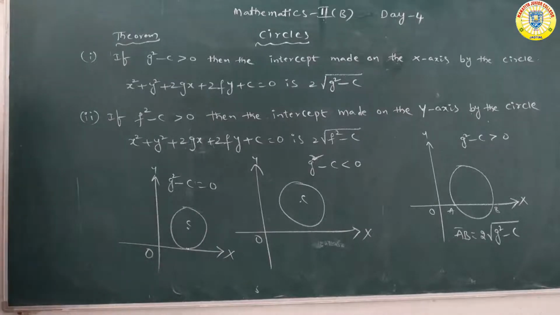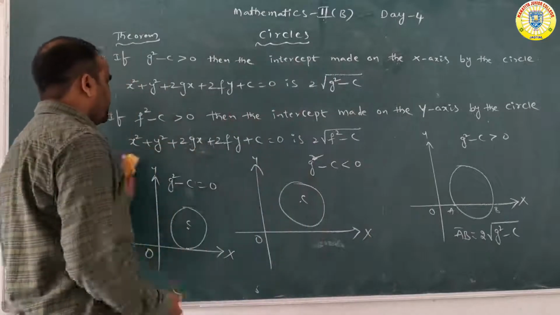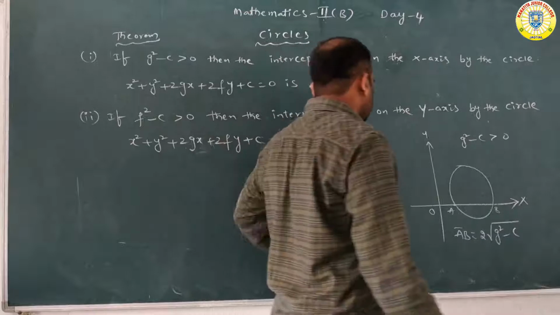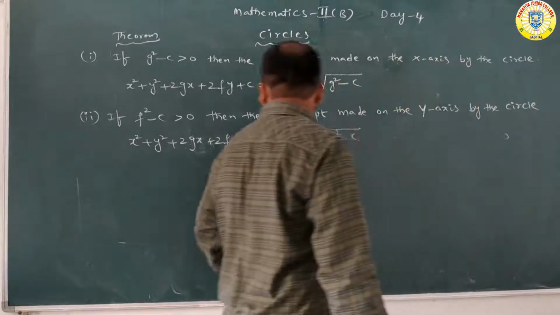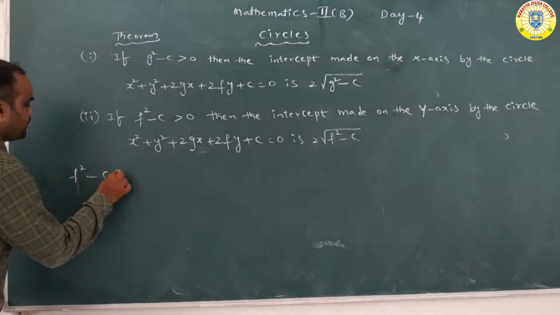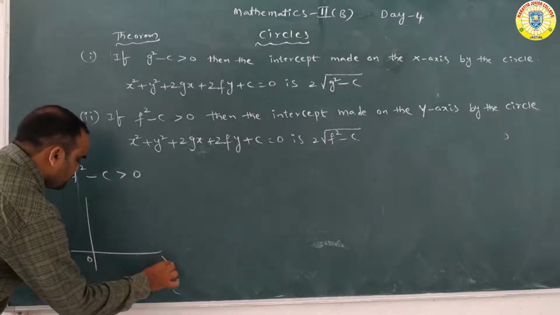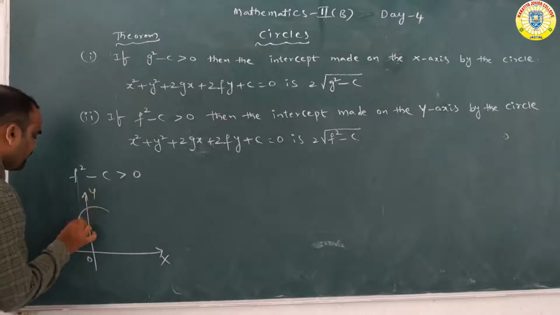And also the next one, second condition. If f square minus c greater than 0, same concept here. So the circle intersects the y-axis. Here f square minus c greater than 0. In that case, origin, this is the x-axis, this is the y-axis.